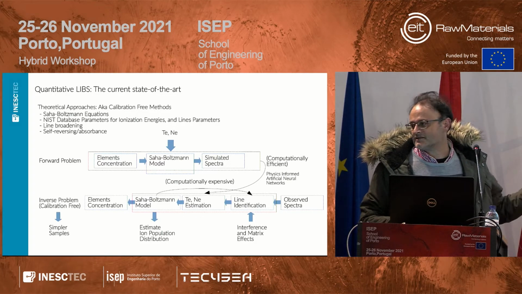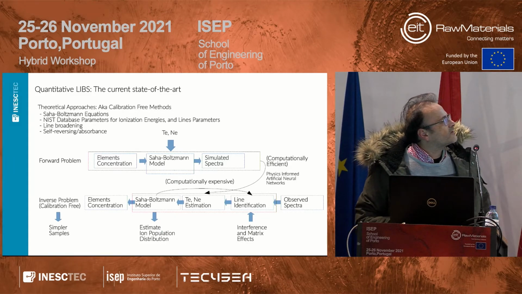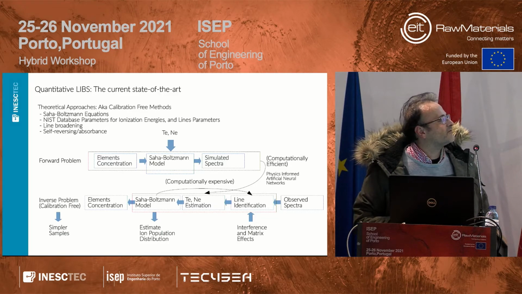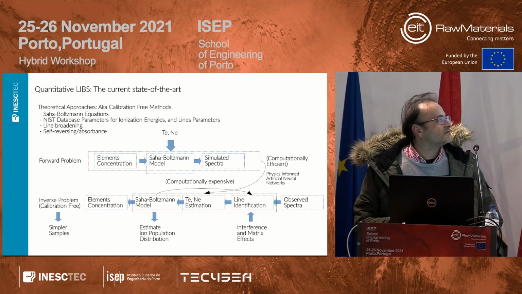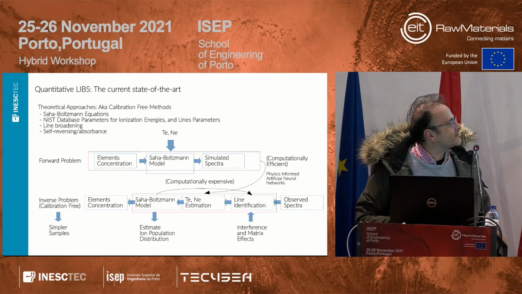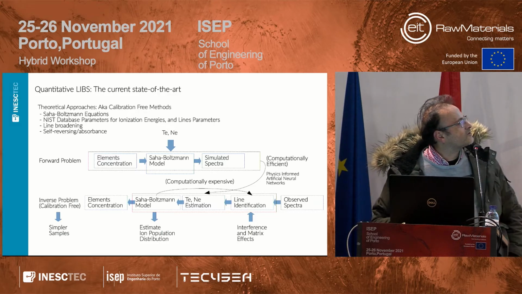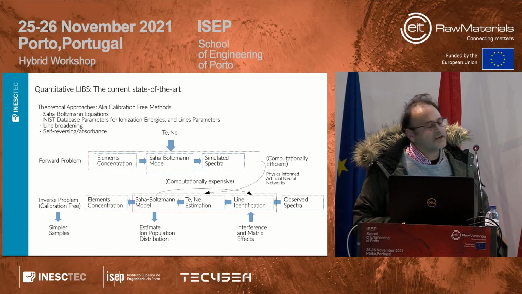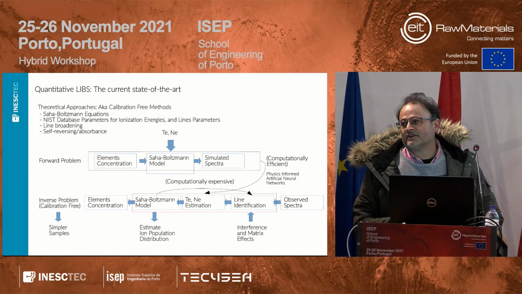As I've shown, NIST has a LIBS spectra simulator, but you can do the reverse engineering or inverse method, which is known as the calibration-free method. This is a reverse engineering problem where we try to optimize not only the plasma temperature and electron density functions after the line identification.